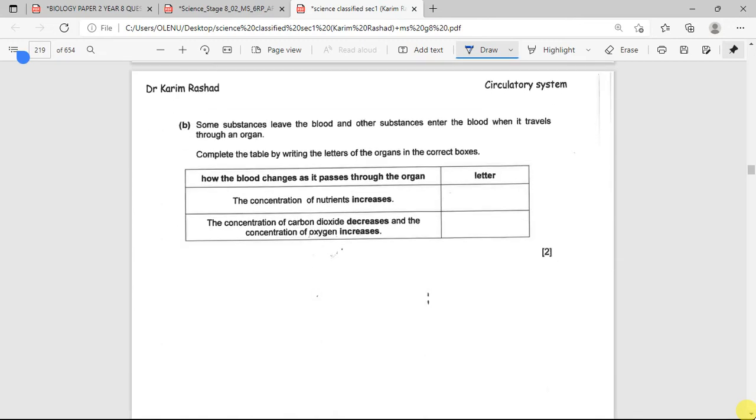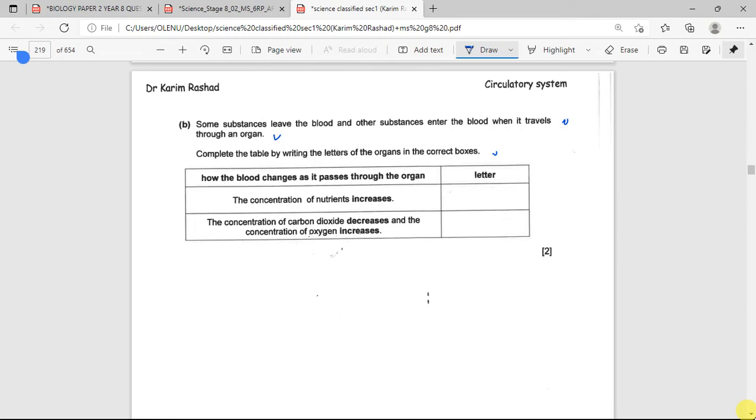Now, some substances leave the blood, and other substances enter the blood when it travels through an organ. Complete the table by writing the letter of the organ in the correct boxes. How the blood changes as it passes through the organ: the concentration of nutrients increases.